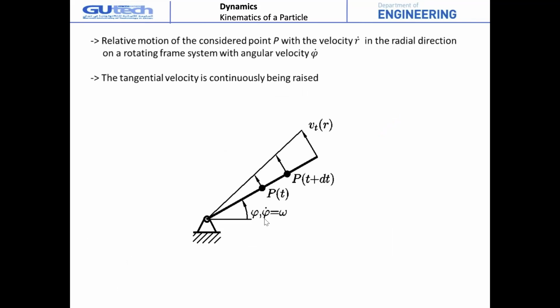Then we see the relative motion of the considered point P with velocity r dot in the radial direction on a rotating frame with angular velocity phi dot. The tangential velocity is considered here, and this is the tangential one, and we have only the translation here.